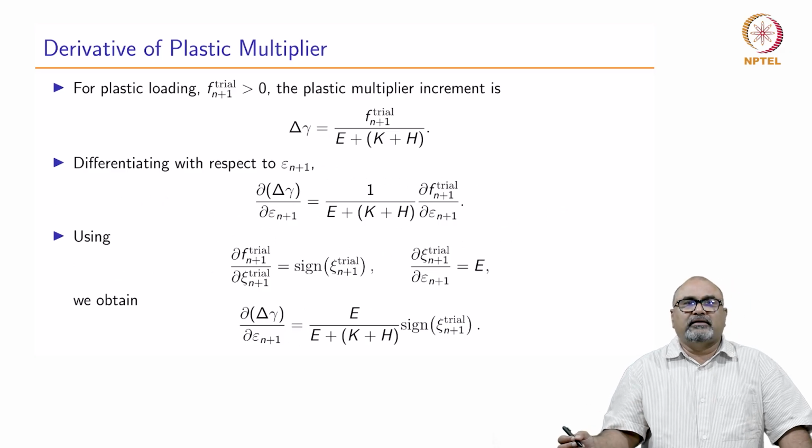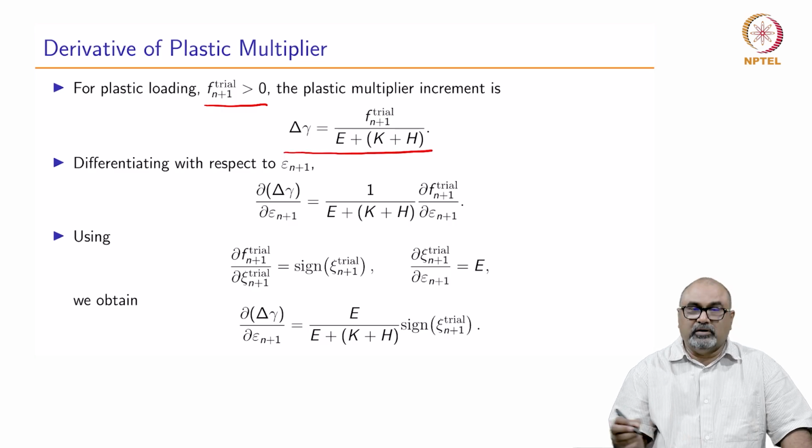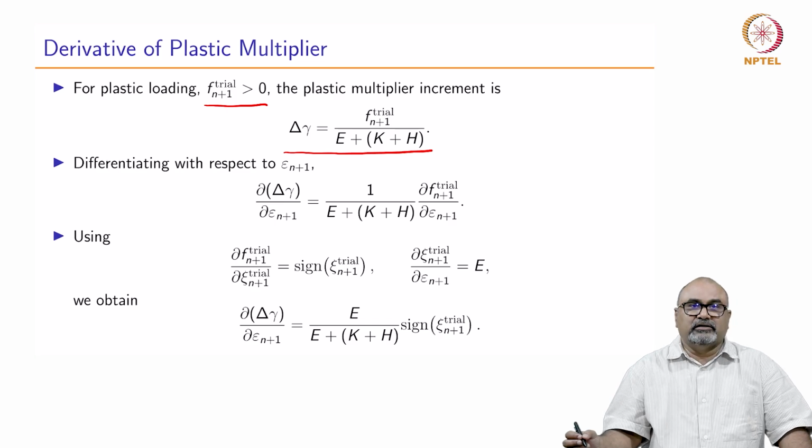Now, during a plastic process, when F_{n+1} trial is greater than 0, the incremental plastic multiplier for a one-dimensional situation is given by Δγ equal to F_{n+1} trial divided by (E plus K plus H), where K is the isotropic hardening modulus and H is the plastic modulus or kinematic hardening modulus.